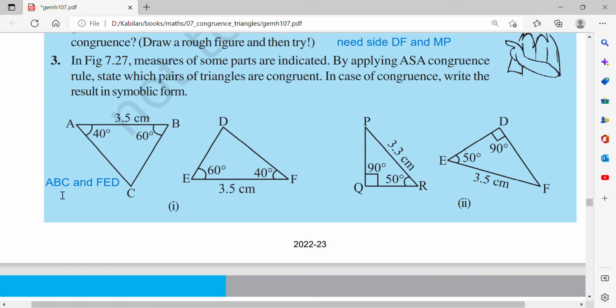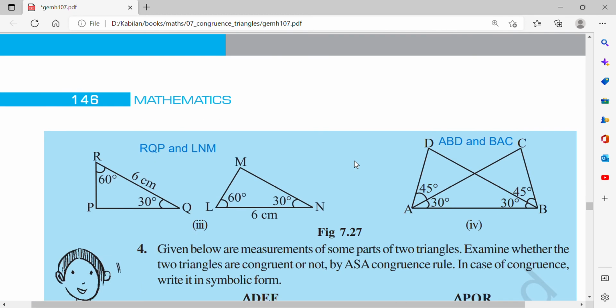Here you have to write ABC and FED. Angle, side, angle. So here RQP and LNM, ABD and BAC.